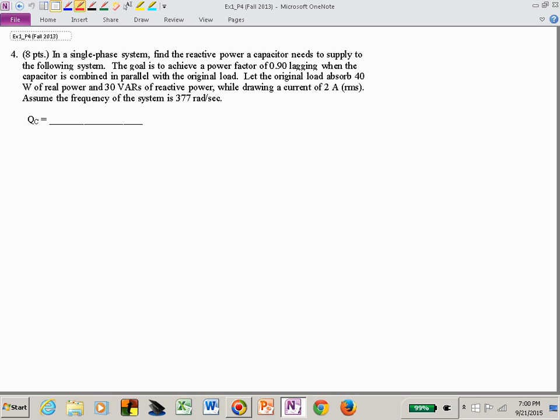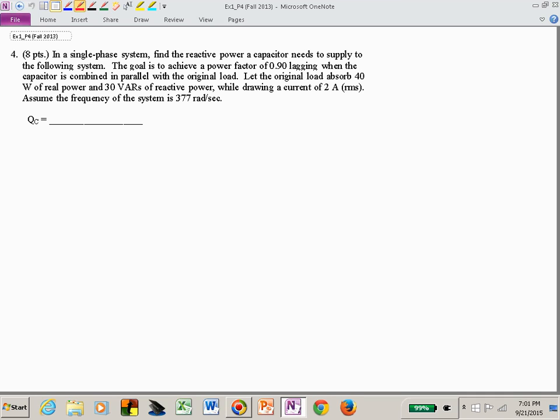That's how this differs from maybe your homework problem. Now you don't have to drive that reactive part or component all the way to 0. You just have to make it such that you have a power factor of 0.9 lagging.